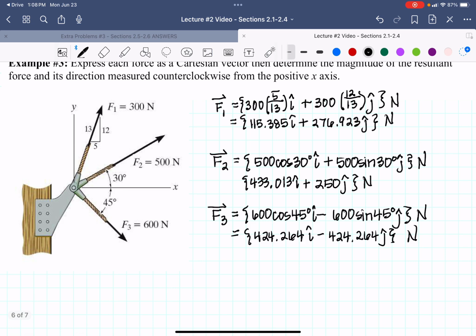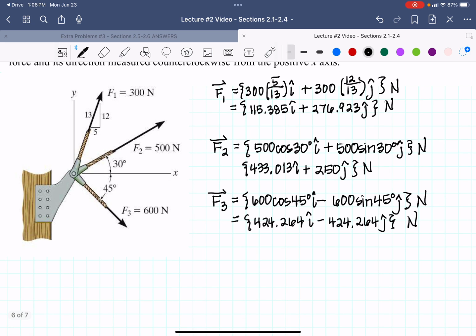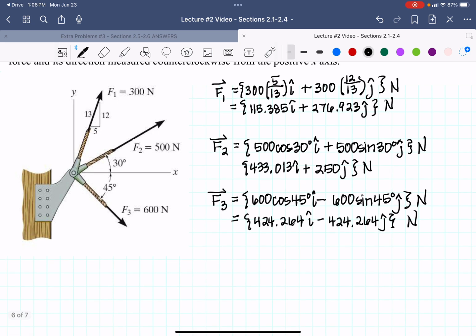Now it wants to know the magnitude of the resultant force. So I'm going to find my resultant vector. My resultant vector is going to be all of the x components added together and all of the y components added together.